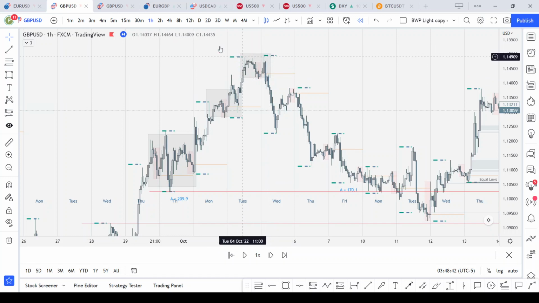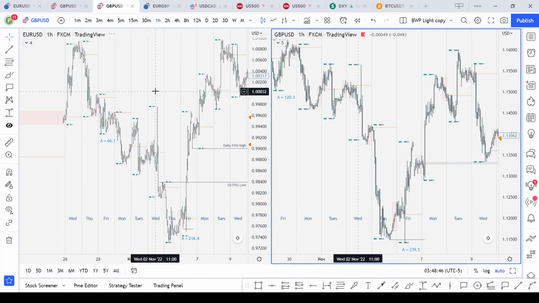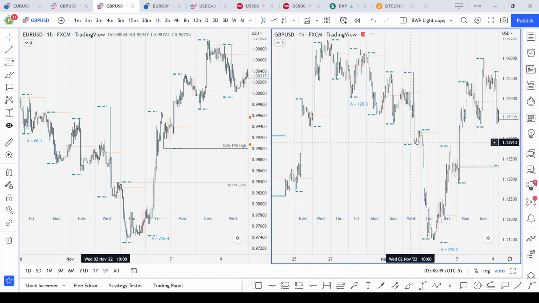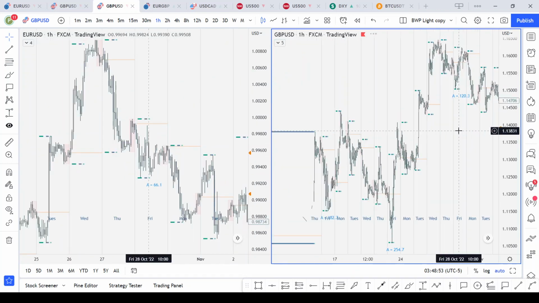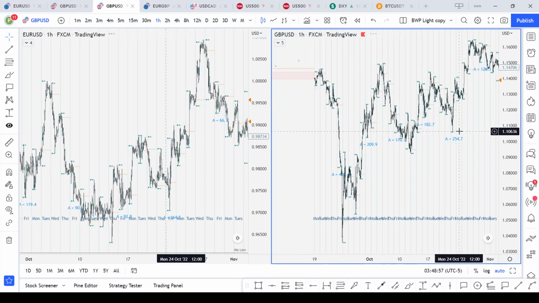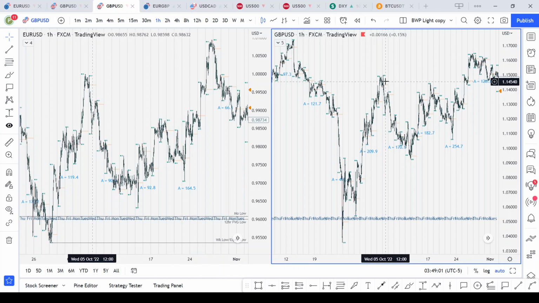There is also an SMT divergence. Let me show you. I think somewhere there.